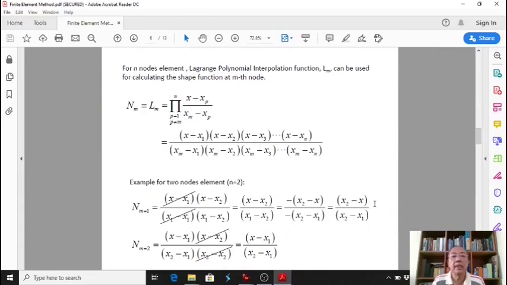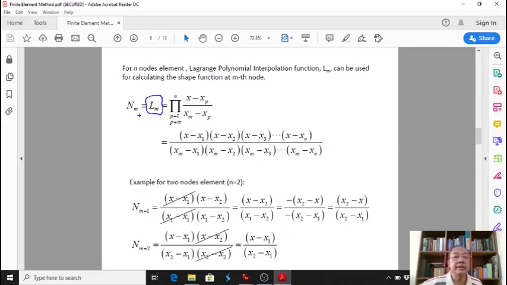For an n-node element, the Lagrange polynomial interpolation function Lm can be used for calculating the shape function at node m. So this is Lm, which we call the Lagrange polynomial interpolation function.